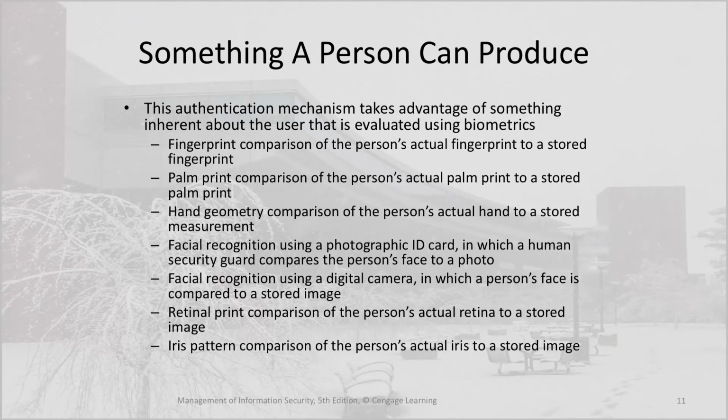Something a person can produce takes advantage of something inherent about the user that is evaluated using biometrics. Fingerprint comparison, palm print comparison, hand geometry comparison, facial recognition, using either a photographic ID card or a digital camera, retinal print comparison of the person's actual retina to a stored image, and iris pattern comparison.